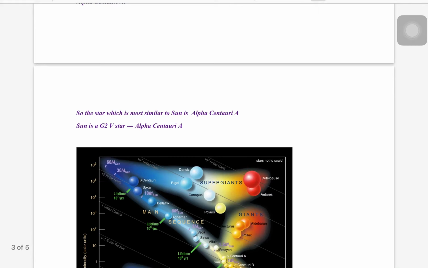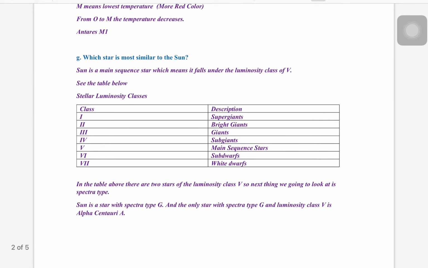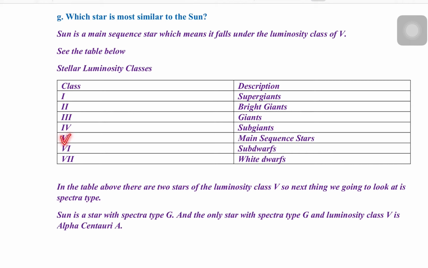Okay, so how do we find out the main sequence star? All the main sequence stars have the luminosity class V, or 5.